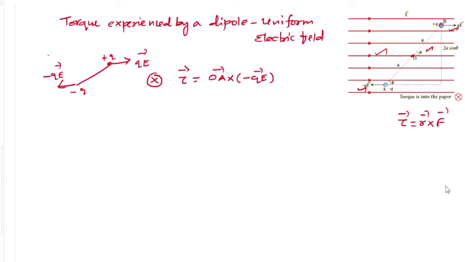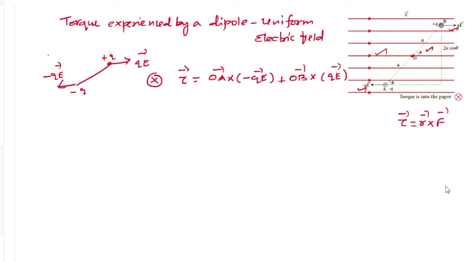Here the position vector is OA, and the force is minus QE as far as the negative charge is concerned. For the positive charge you can write plus OB vector, and the corresponding force is QE vector. I think you can understand this.